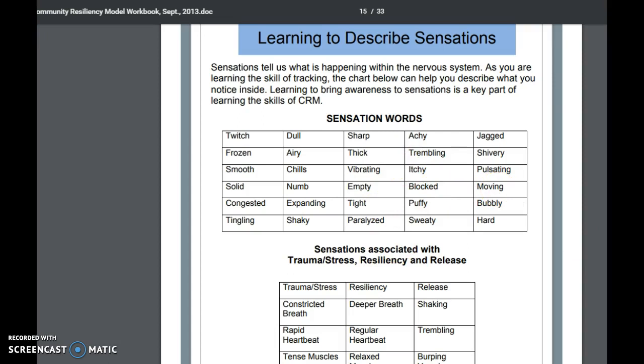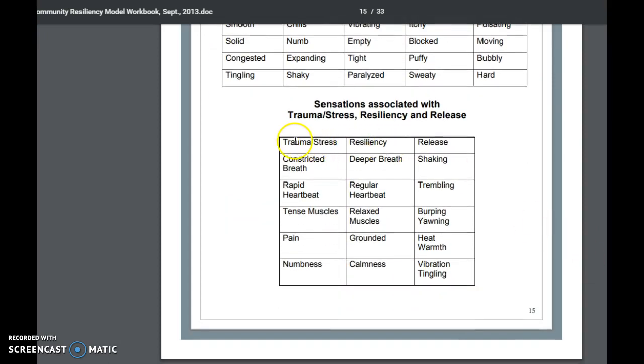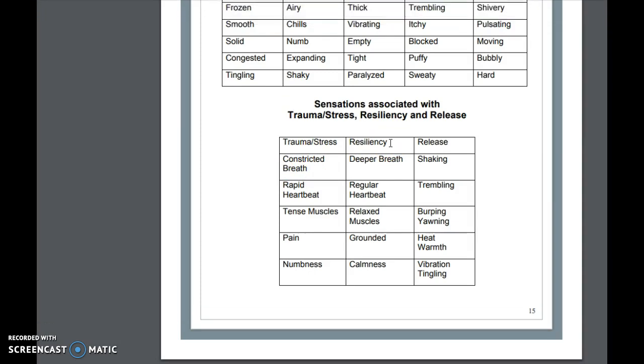Okay. And with trauma, like down here, they're talking about in trauma or stress, you have constricted breath. And when you're in your resiliency zone, or basically in your wellness, when you're feeling normal for you, you have more of a deeper breath, a regular heartbeat, you feel grounded and calm.